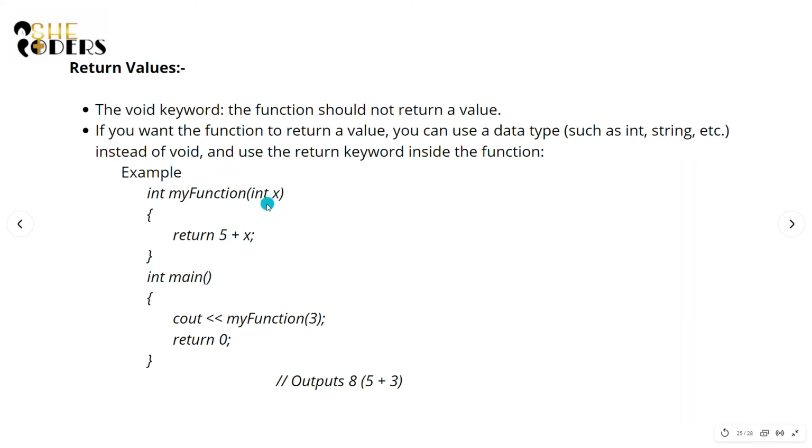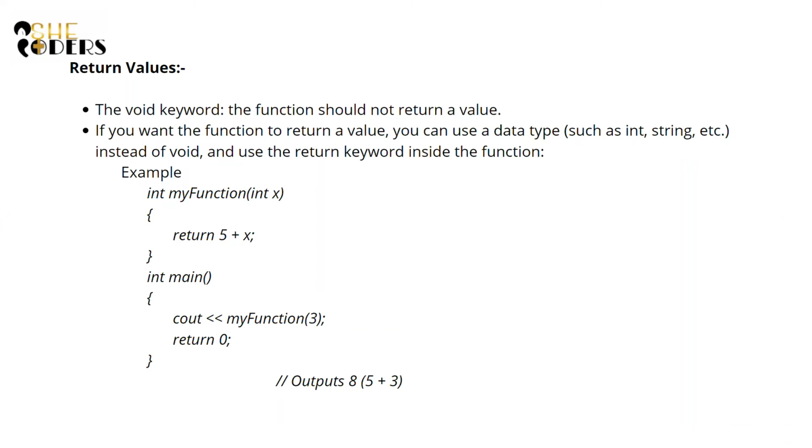Whatever value we are passing in place of this integer, like here I have passed 3 as the argument, x will have the value 3, and the output will show 8, that is 5 plus 3.